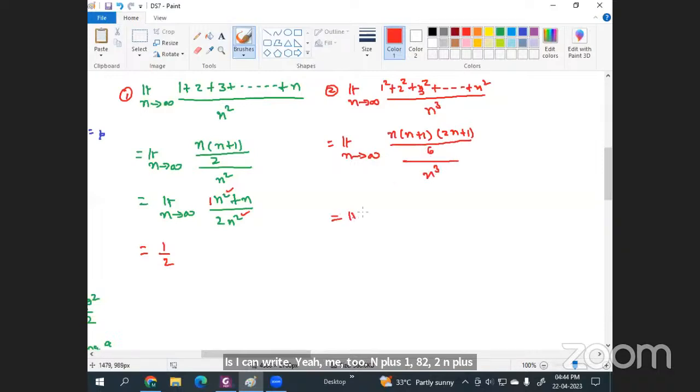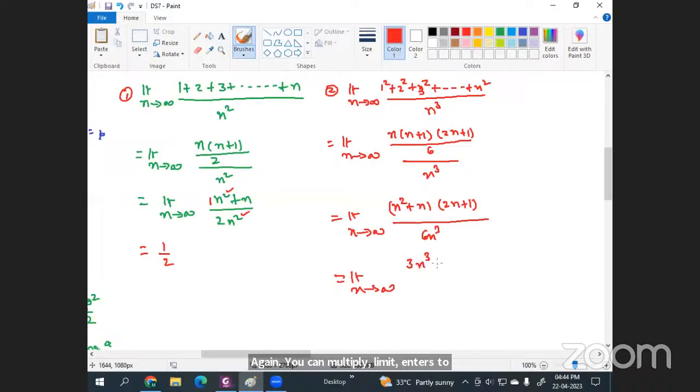Now multiply this one: limit n tends to infinity, n into n square plus n into 2n plus 1 by 6n cube. Again, you can multiply: limit n tends to infinity, 3n cube plus n square plus 2n square plus n by 6n cube.